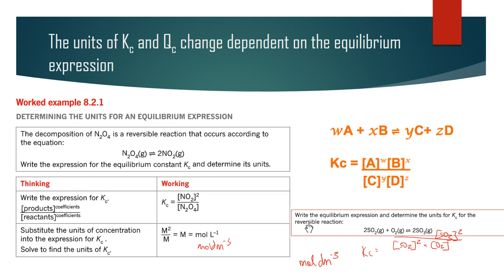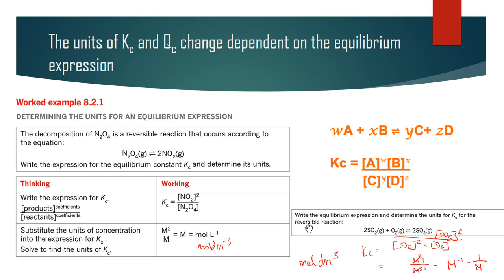So now if I substitute in to work out what my units are going to be, I'm going to get M squared on top, and 2 plus 1 is going to be M cubed, which when I cross it out, I'm going to get 1. I'm still going to have 1 under here. So I'm going to get M to the negative 1, because it's going to be 1 over M.